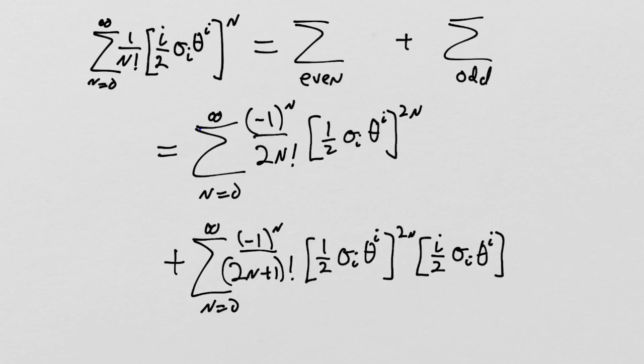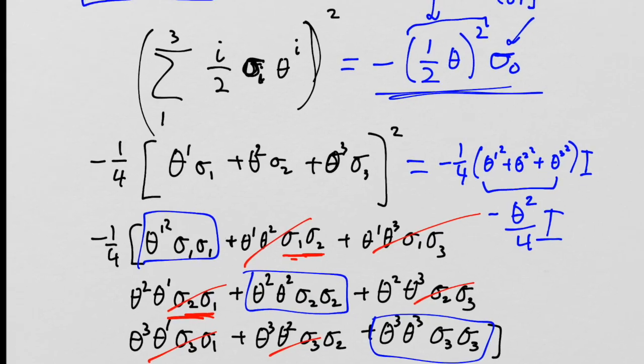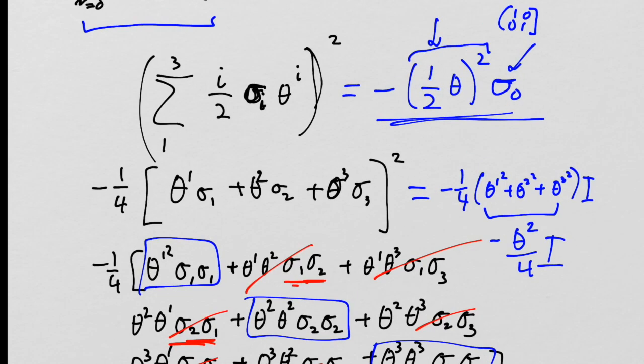And then what have I got? Well, this thing here is 1/2 sigma sub I theta I squared raised to the nth power. But that square part I figured out over here already. I figured out with the I inside, if you square this, then you end up with this expression. Now, I've already accounted for that I. I've already kind of pulled that I out, so we're only concerned about this part.